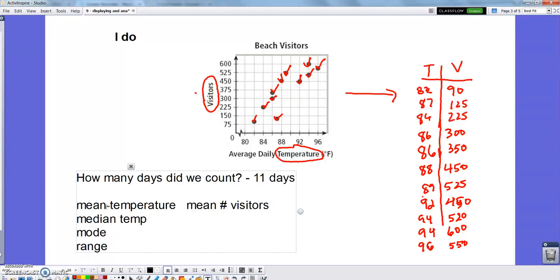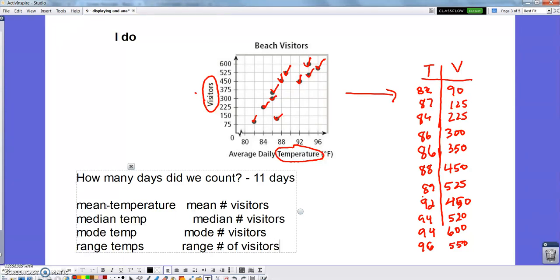I can find a median temperature, and I can find a median number of visitors. I can find a mode temperature and a mode number of visitors. I can find the range of temperatures, and I can find the range of the number of visitors.